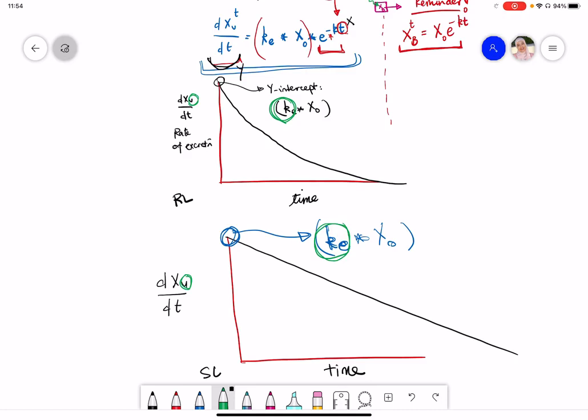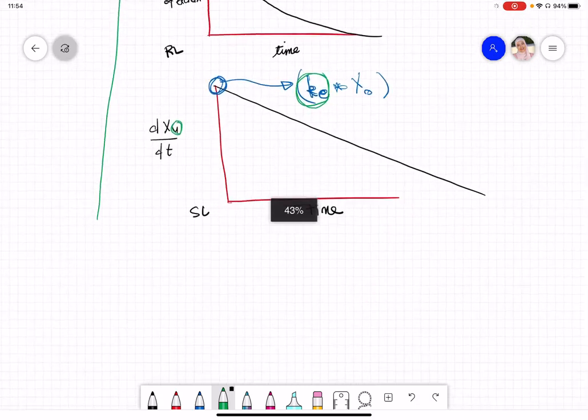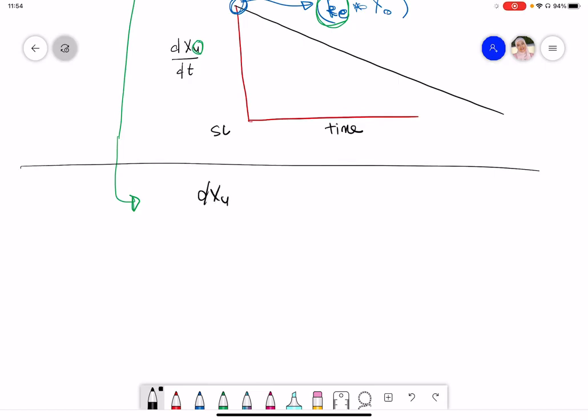Okay, so what if I want to transform the main equation that we have to log or ln? Let's rewrite the main equation that we have, which is dxu over dt.